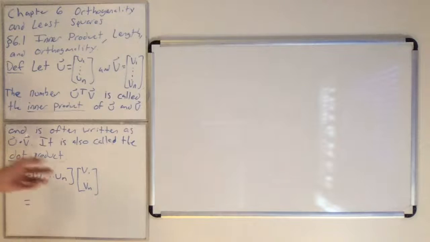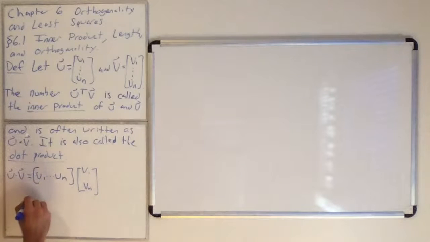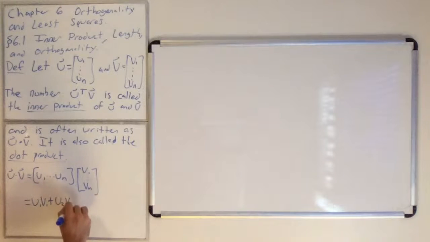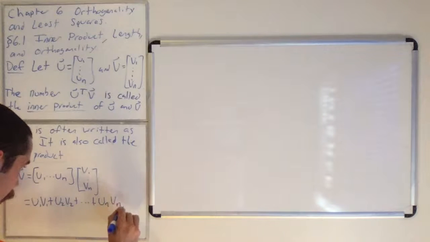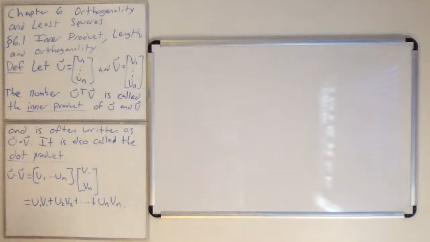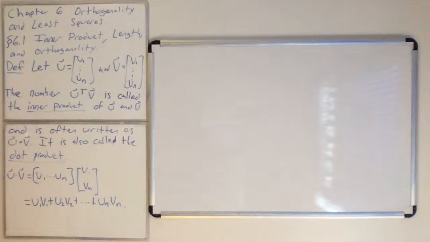And when we actually do this multiplication out, we get U1 times V1 plus U2 V2 plus all the way up to UN VN. Before we get to an example, the dot product is an operation. It takes two vectors and it outputs a number. So this is just a number.